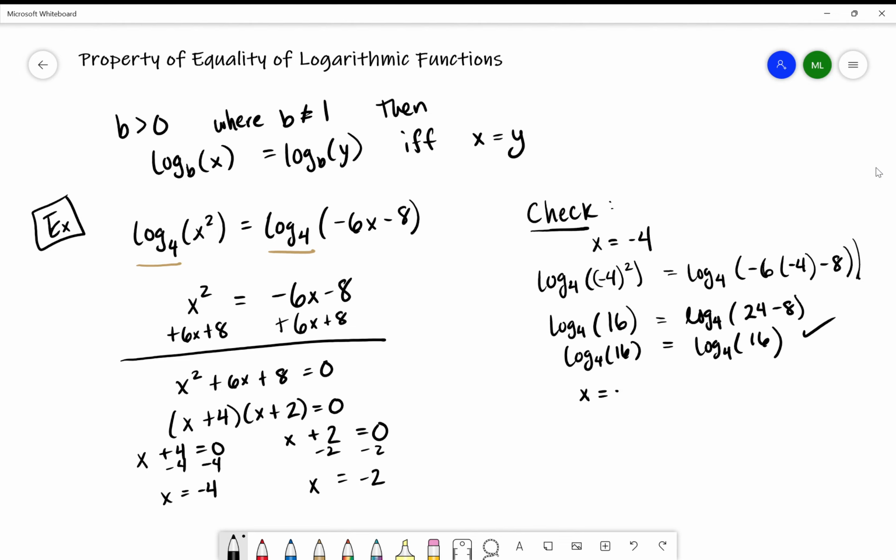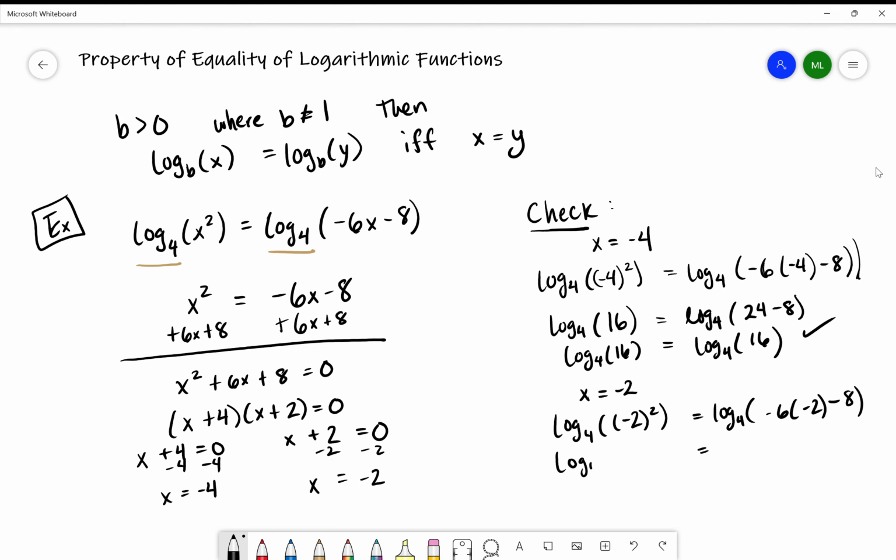Now let's try x equals negative 2. Does log base 4 of negative 2 squared equal log base 4 of negative 6 times negative 2 minus 8?